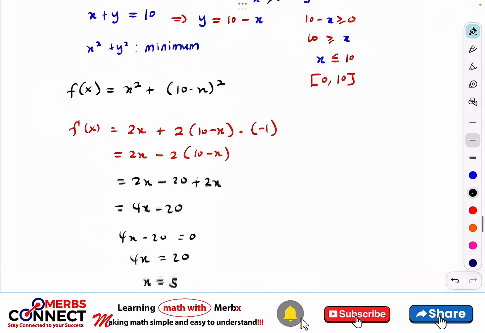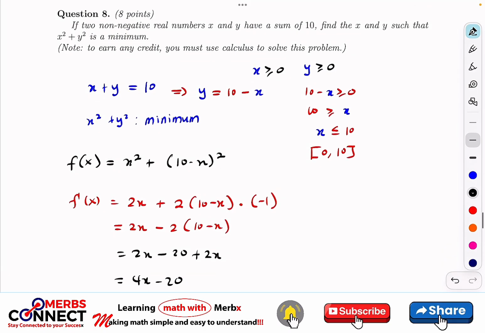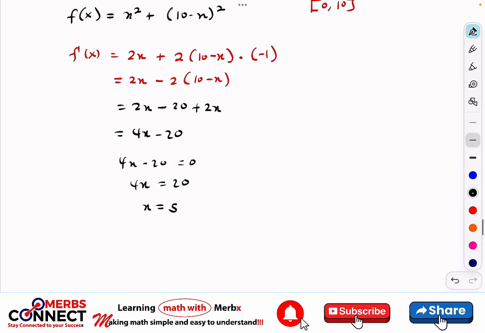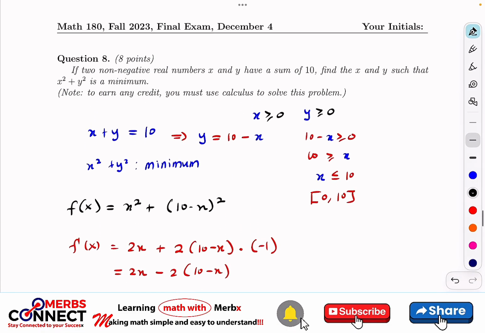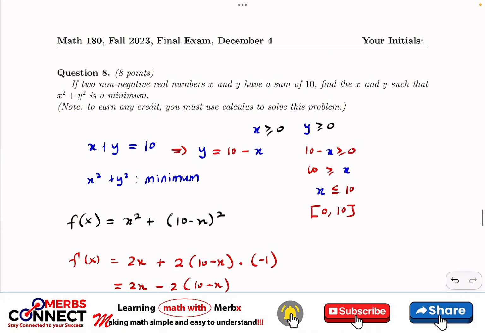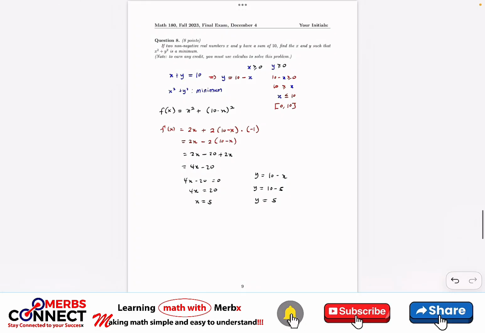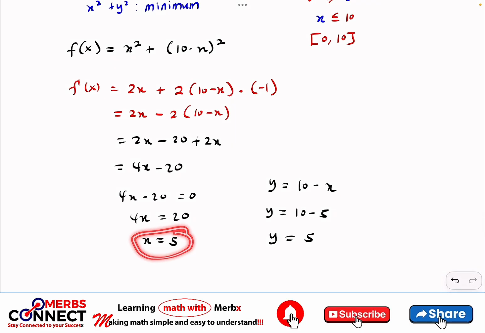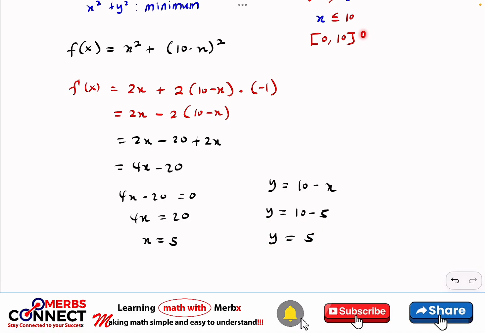So we can find y. y is equal to 10 minus x, so y will be equal to 10 minus 5, and y is equal to 5. The question is just saying find x and y such that we minimize it. But before we assume that x is 5 and y is 5, let's test them.